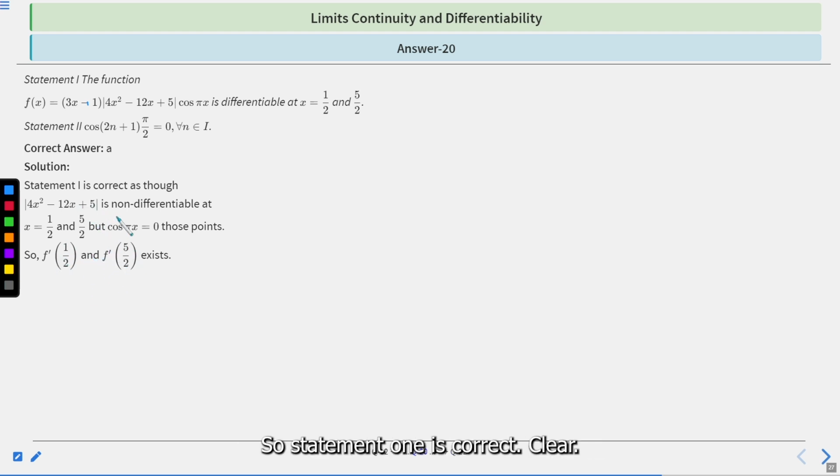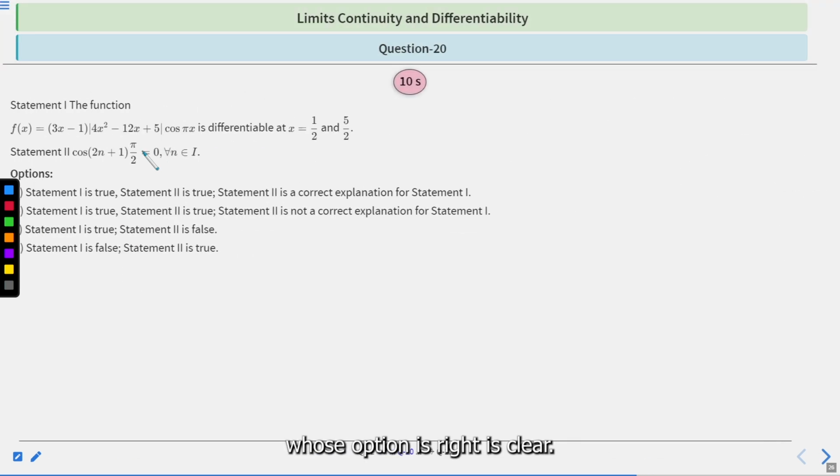So statement 1 is correct. Clear? And this term we know is 0, and because this term is 0, this has become continuous, differentiable, that means this derivative exists because of this thing. So statement 2 is a correct explanation of statement 1, right? So option A is the right choice. Clear?